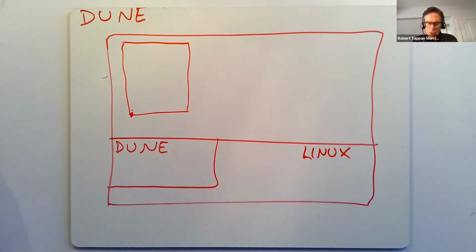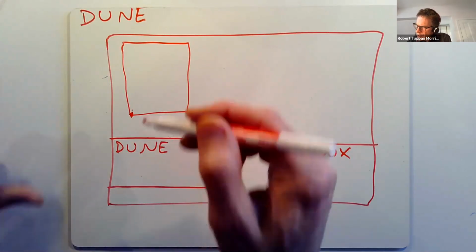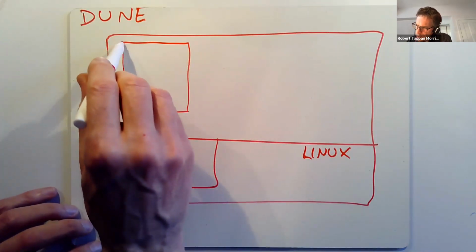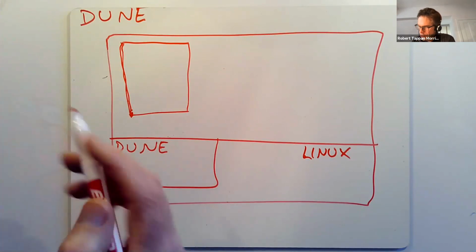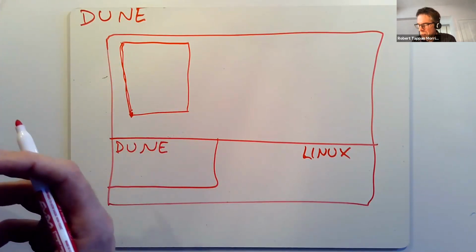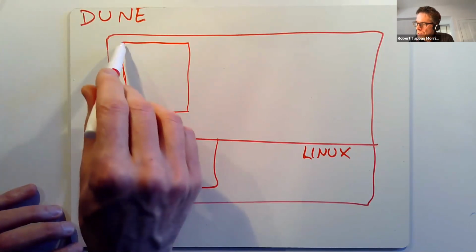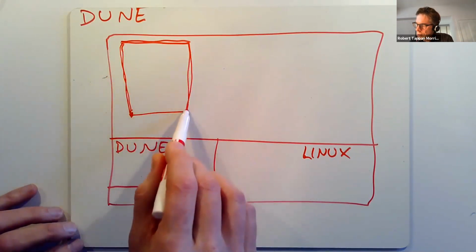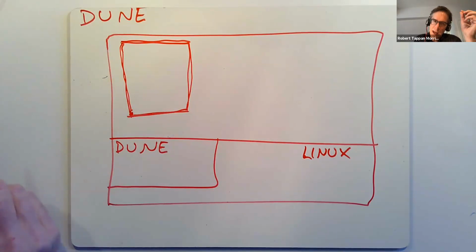So Dune allows a process to switch into Dune mode, which means that instead of just being isolated by a page table, now this process is isolated by the complete VTX apparatus.